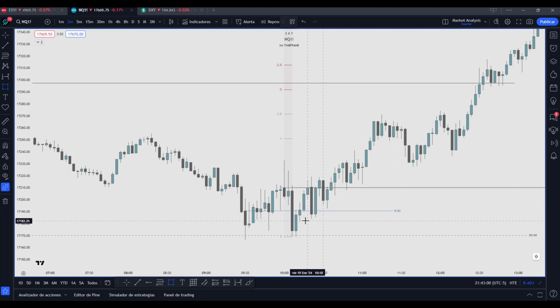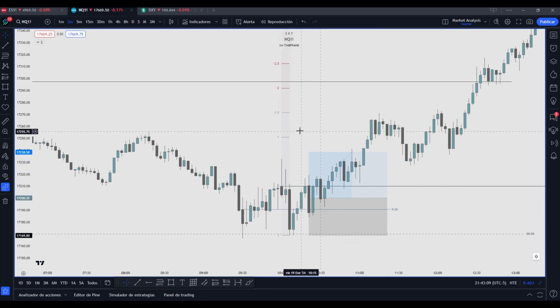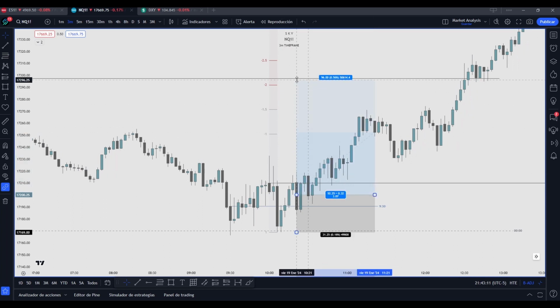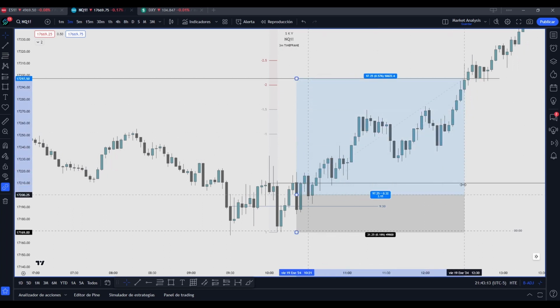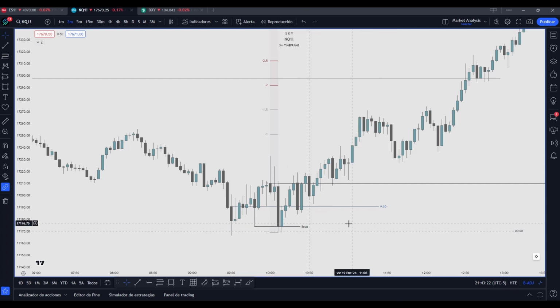Or maybe take some entry here. You can even take some entry here, even though the fair value gap was disrespected. Like on live charts, you wouldn't know, so maybe you have some trade like this. We have SMT as well, maybe with this or the one above, meaning we also have a breaker block.